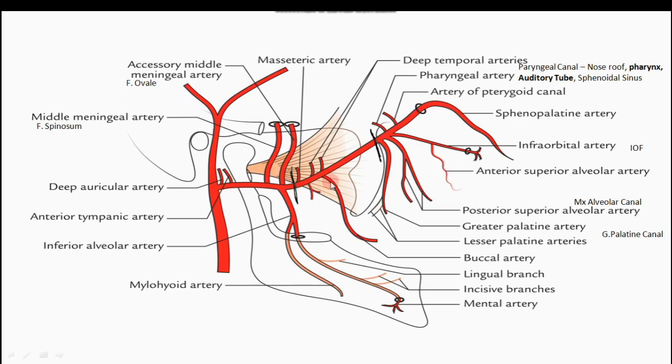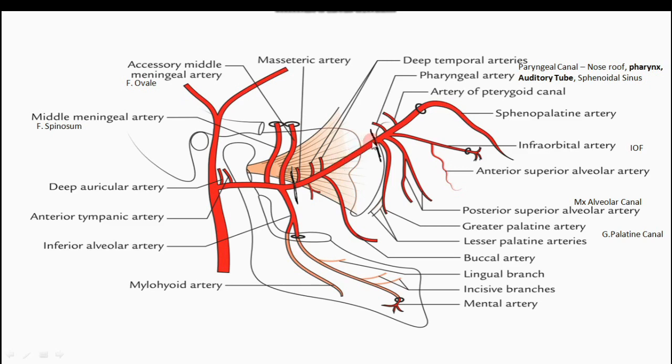Then we can see the next branch here, this is the pterygoid branch, which supplies the medial and lateral pterygoid muscles. Whereas this one is the buccal artery, which supplies the skin of the cheek and the buccinator muscle. Buccal artery.